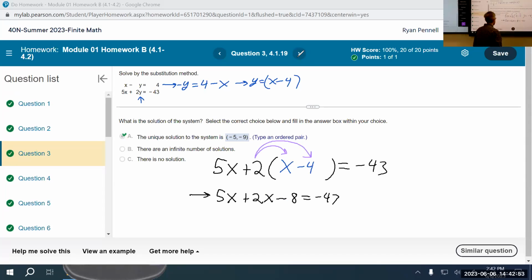Pretty sure that's right. 7x minus 8 equals -47. That's a 4, not a 9. Sometimes 4s look like 9s.